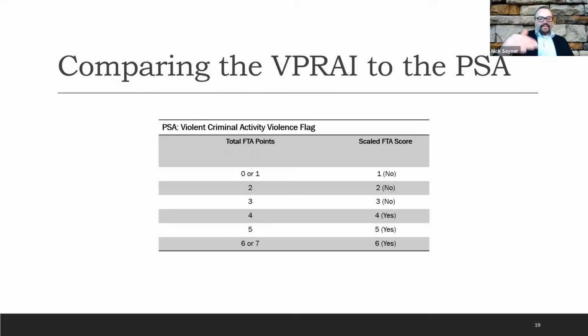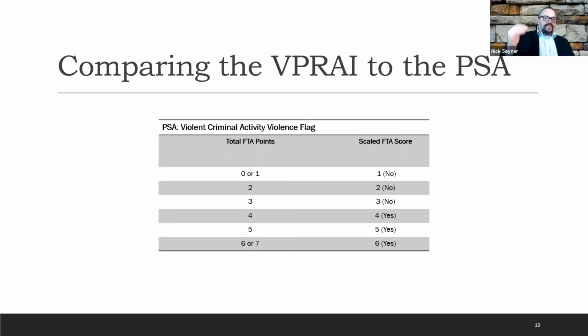And so you'll notice this is the big difference in the scale. There is a scaled score per se, but really the new violent criminal activity is focused on a flag. People that score 4, 5, and 6 on the violent criminal activity scaled score are at what the researchers would say a significantly higher risk of committing a violent offense if they commit an offense while on pretrial release versus those that score 1, 2, and 3.